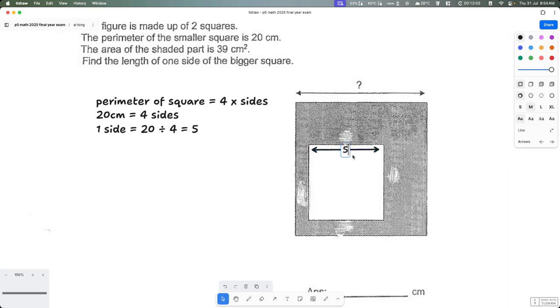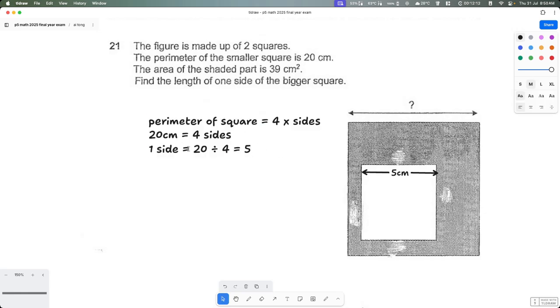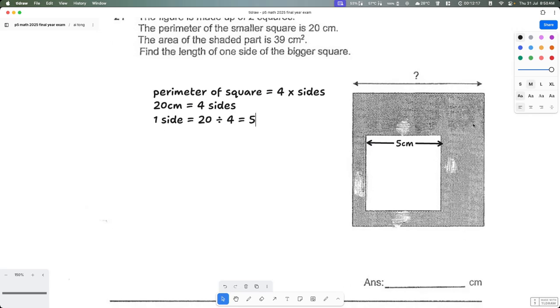So now we know that this individual side is 5 centimeters over here. Let me just touch the edges. So the perimeter of any square of this is 20 centimeters. Now we know that the area of the shaded part is 39 centimeters square. So shaded part area is equal to big square area minus small square area.